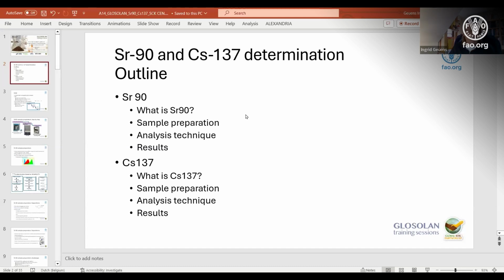And then for cesium-137, I would like to go in the same way. So what is in fact the cesium-137 isotope? How to do the sample preparation in order to be able to determine this isotope? Which analysis technique should we use? And then again, show you some results. So that's more or less the outline of today's course.